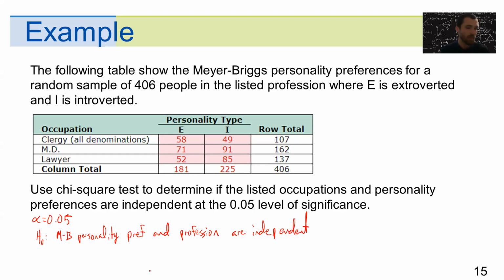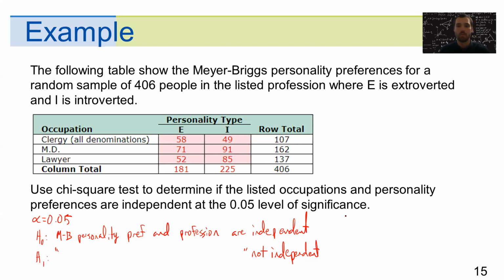And our alternate hypothesis is essentially the exact same thing, so I'm just going to use quotations, are not independent. All right, so we're going to test this using our chi-square distribution.